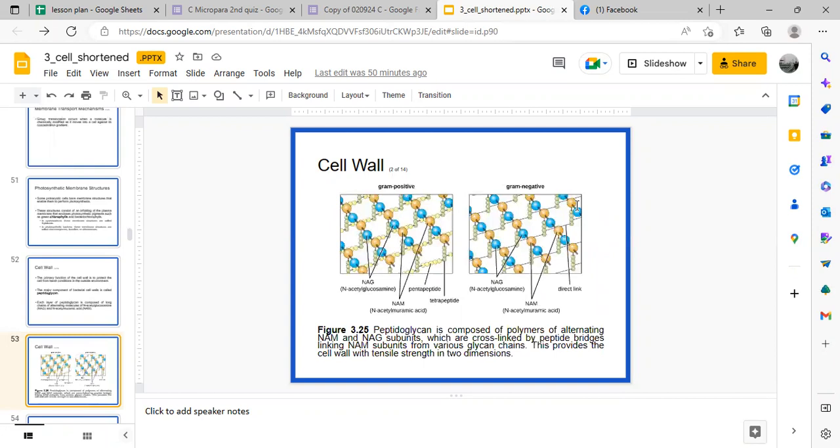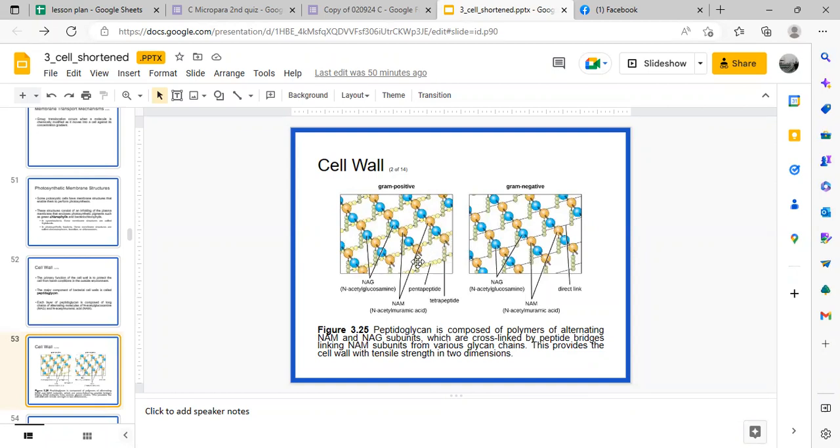But the structure of the peptidoglycan is different in gram-positive and gram-negative bacteria. In gram-positive bacteria, you have an additional pentapeptide, made up of glycine that cross-links into the tetrapeptide.